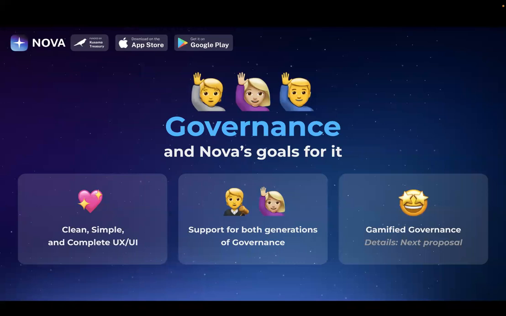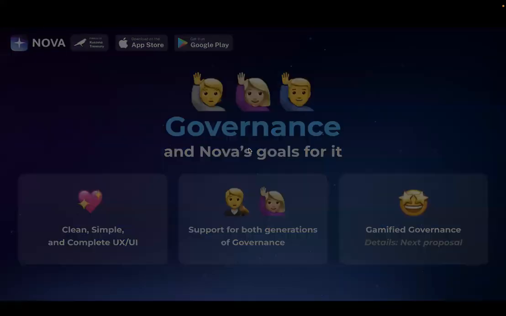We're aiming to support both generations: the current generation, which is being used on Kusama, Polkadot, and also on a couple of parachains and solo chains, but at the same time we would like to provide the interface for the upcoming governance, which is governance 2.0. Meanwhile, we're also thinking about how we can further improve the governance with a gamified experience. That will also come pretty soon.